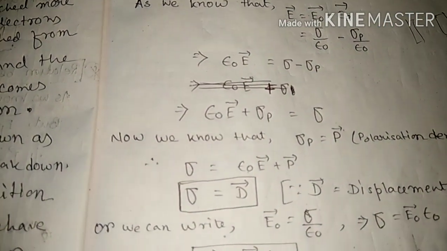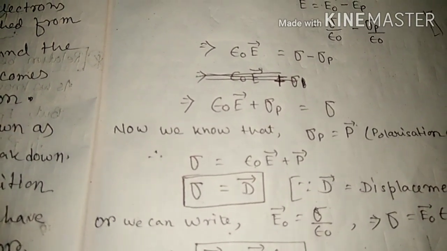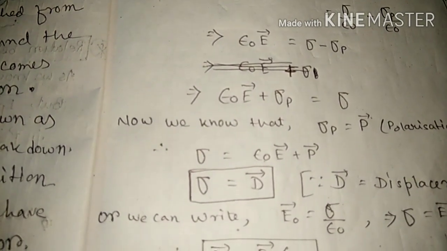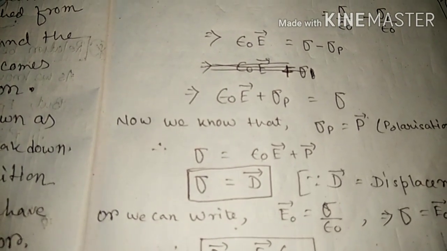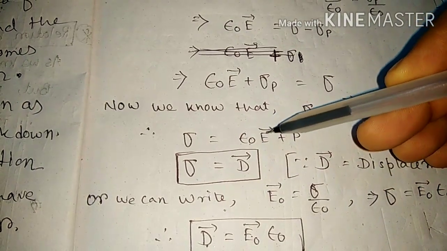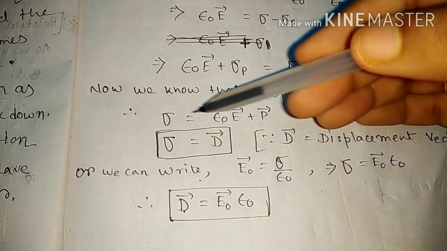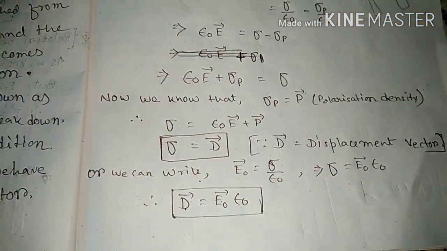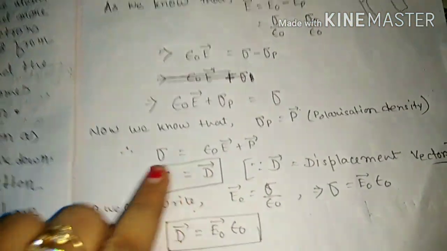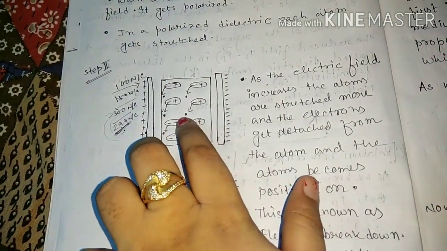So mainly the displacement vector is also called the dielectric vector. It is a vector field in a non-conducting medium, that is a dielectric, it is denoted by D, and it is directly proportional to the external electric field E naught. The expression is D equals epsilon naught E plus P, or you can directly write sigma. This sigma means due to these two plates, not due to the dielectric slab, that is, due to the free charges.